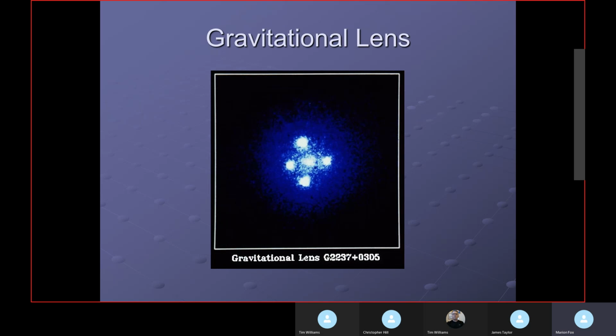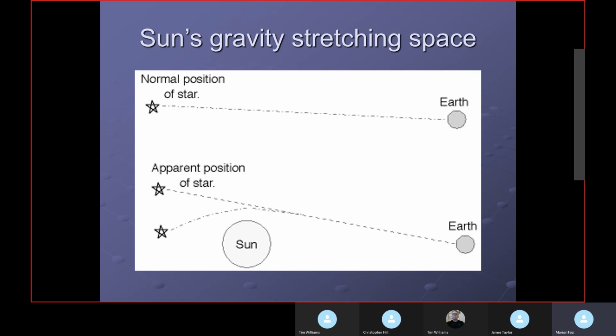This is called a gravitational lens. That's what it's called. And here's a gravitational lens. And what they're seeing here is they're seeing the light being bent around these stars. Now here's a diagram of it. Again, I took this off the internet. Earth and the star, we see it.